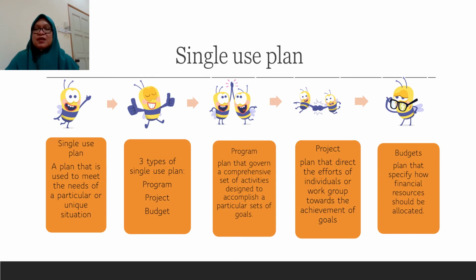There are three types of single-use plan: program, project, and budget. Program is a plan that governs a comprehensive set of activities designed to accomplish a particular set of goals. There is a set of activities. Let's say that your ATM has a program, Minggu Destiny Siswa.